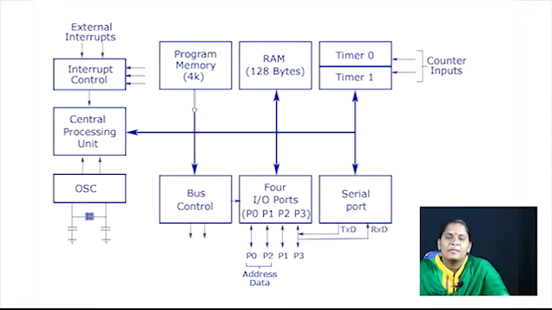As I already informed you, the random access memory capacity is 128 bytes. In 128 bytes, we have 4 register banks and the special function register area. Everything comes under this RAM because the programmer can access this data as per his requirement.